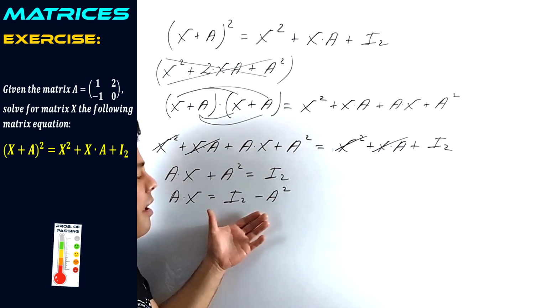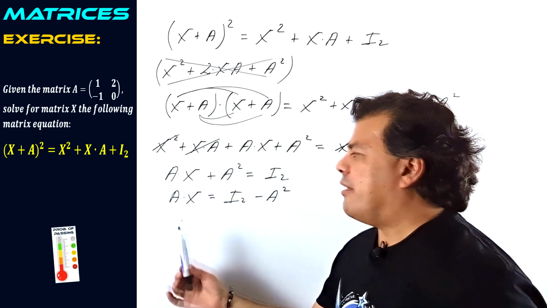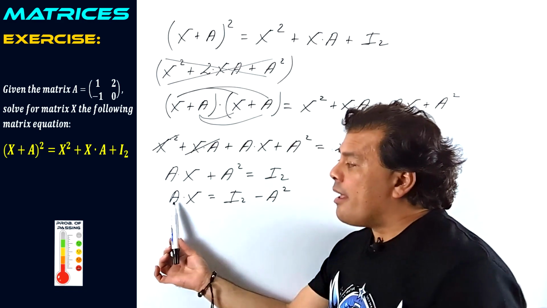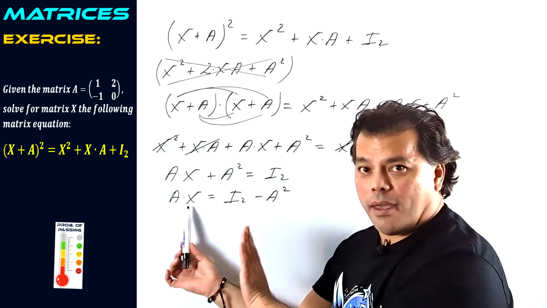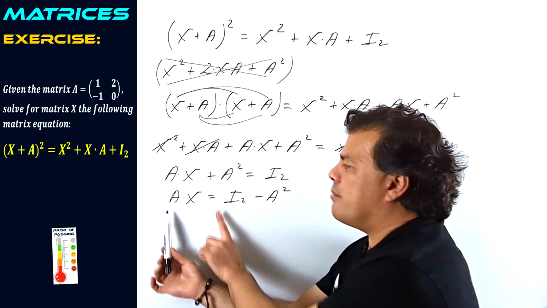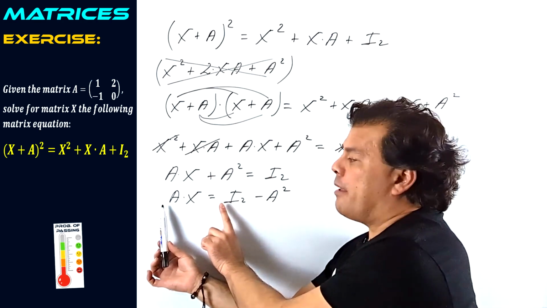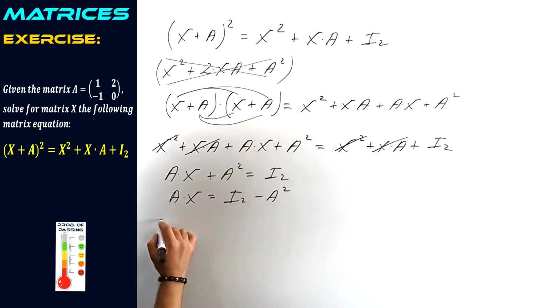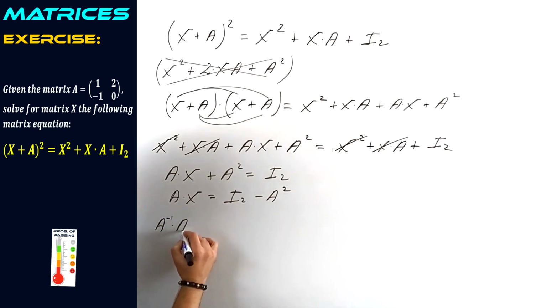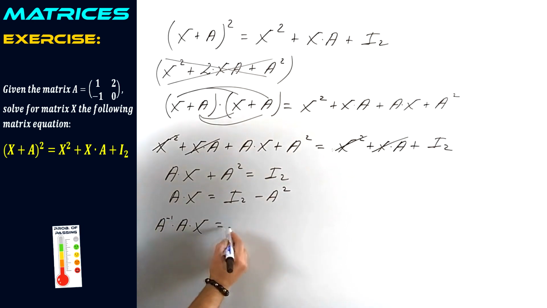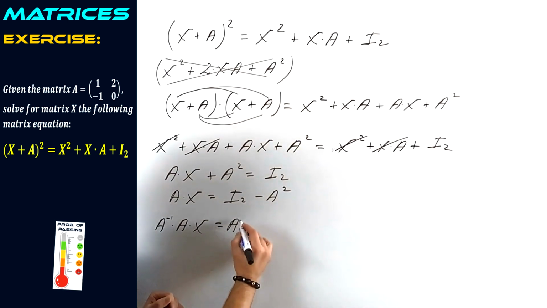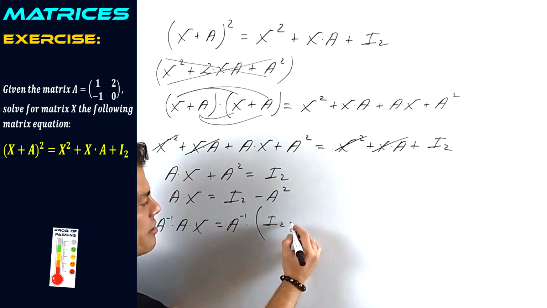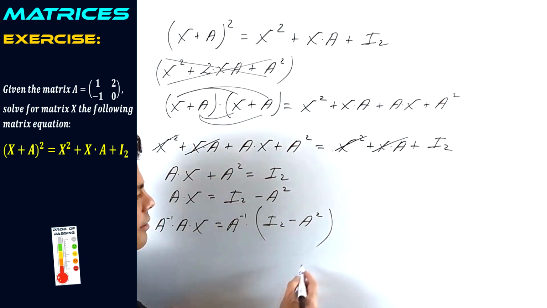Easy, right? And now look carefully that as matrix A is on the left side of X, we are multiplying both sides of this equation by the inverse of A. A inverse times A times X equals the inverse of A multiplying the right side, identity matrix minus A squared.